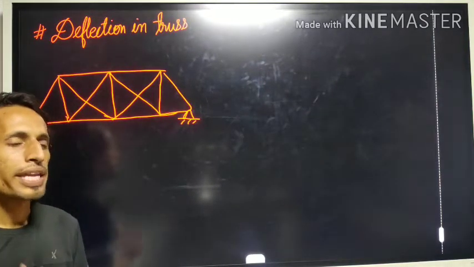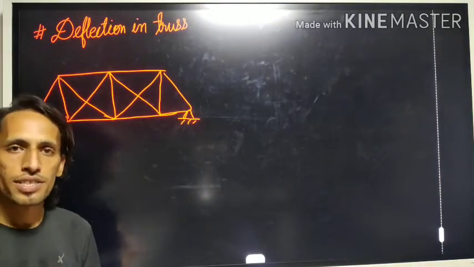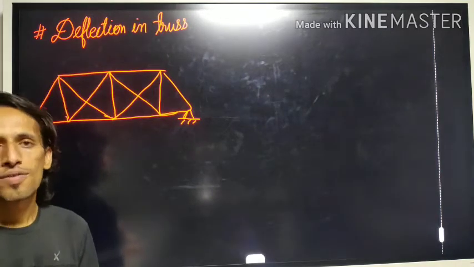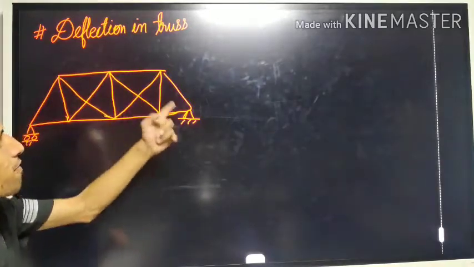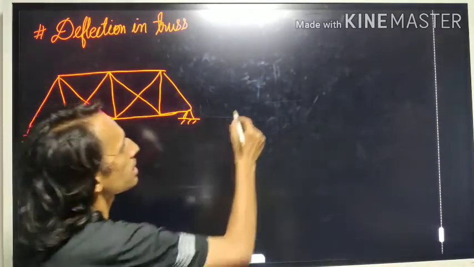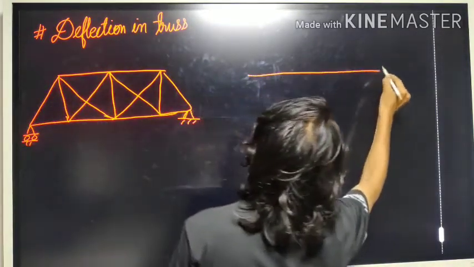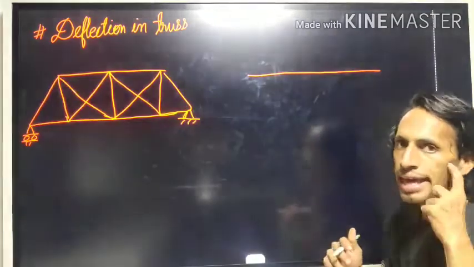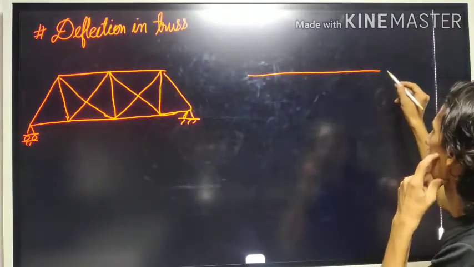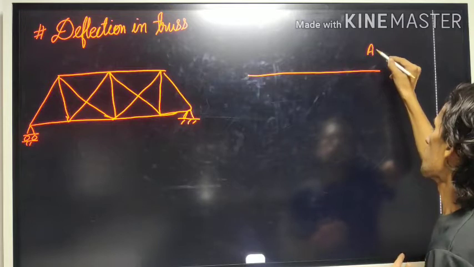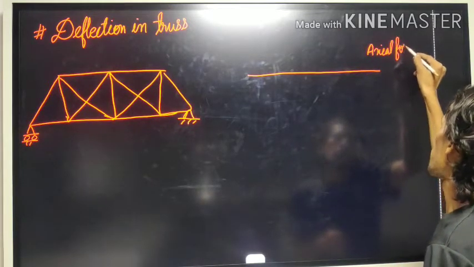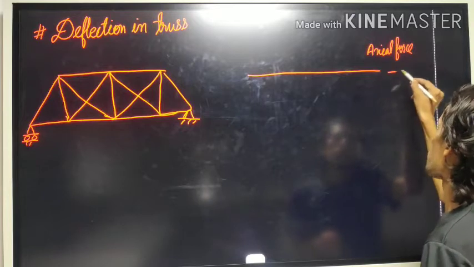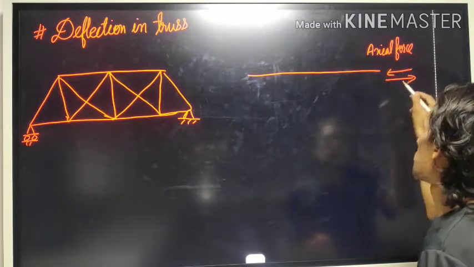Then in all the members of a truss there are always axial forces. So in every member of this truss, let us say this is one of the members, there will be axial force. Axial force must be there, and it may be compression or tension.